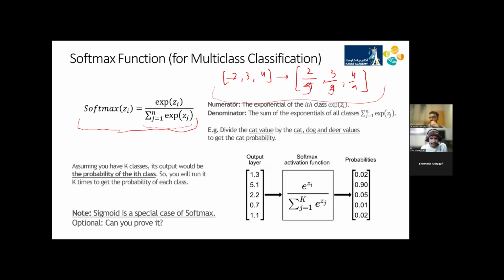So it would be -2 by 5, 3 by 5, 4 by 5. Technically, the sum of this list is again 1, but now we have negative values in the probability, right? Which is not possible. But if we have the exponent function, we will transform each of the negative values to some positive value. Make sense?